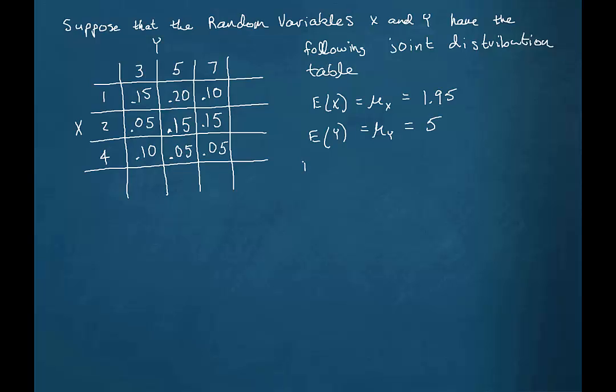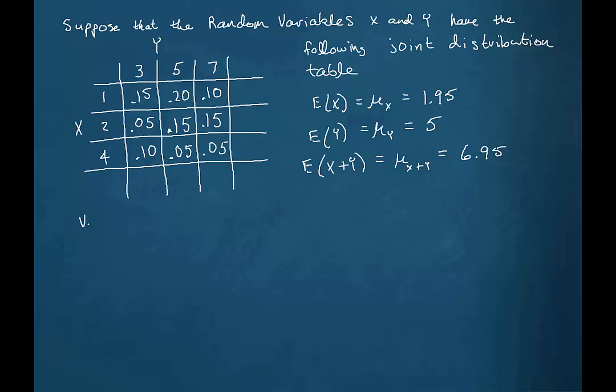And then we found the expected value for the sum of these random variables, which again is the mean for that sum. We found that to be 6.95, and we expected that to happen because we know that this expected value should be the same as the sum of the expected values of the original variables.